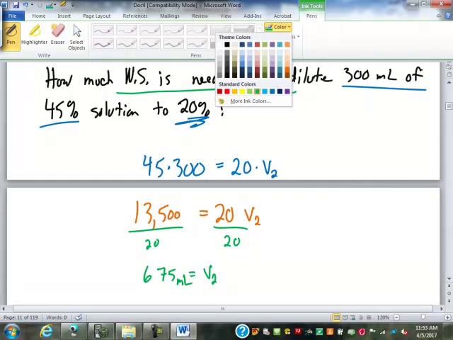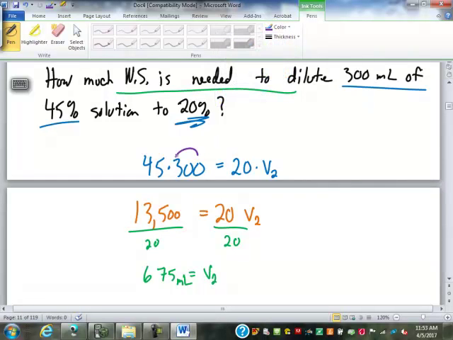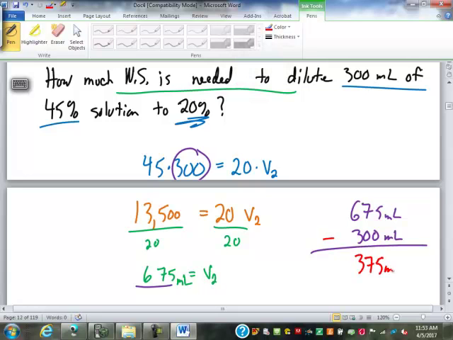Well, we had 300 milliliters before. We need a total of 675 milliliters. So that difference is what has to be made up with the neutral solution. So we need to add 375 milliliters of that saline or neutral solution to dilute that down to 20%.